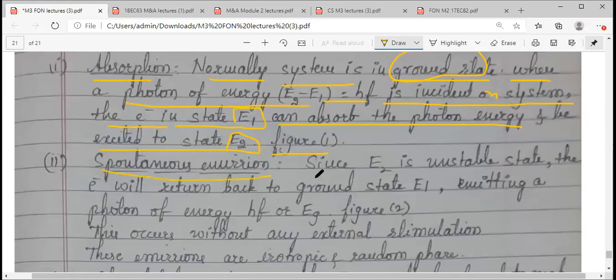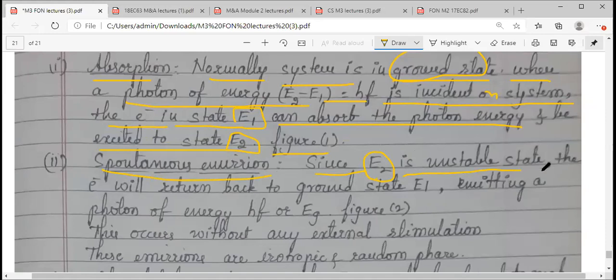Spontaneous emission. In case of spontaneous emission, since your energy level E2, which is the higher energy, is obviously an unstable state. It is not an equilibrium state. Your normal state is the ground state. But E2 is an excited state. That's why it is called the excited or higher energy level.